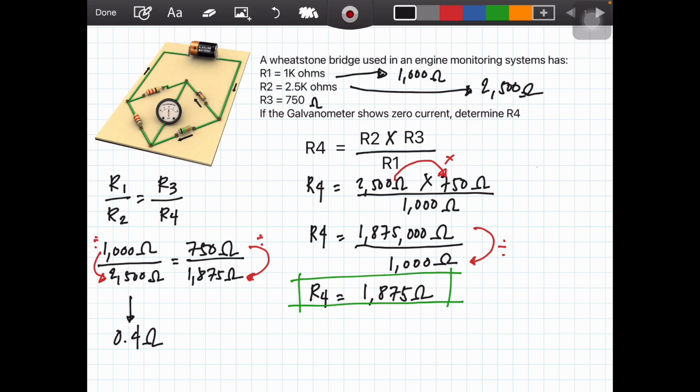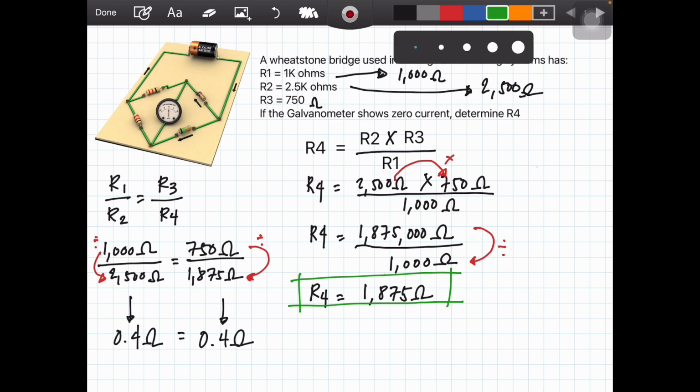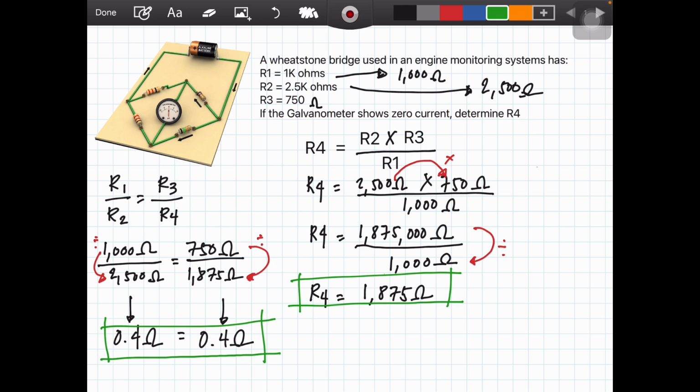750 ohms, we divide it by 1,875 ohms, and what we get out of it is 0.4. Oh, that's balanced, right? Those resistors are balanced. We get the same values for both of those because they both have 0.4.